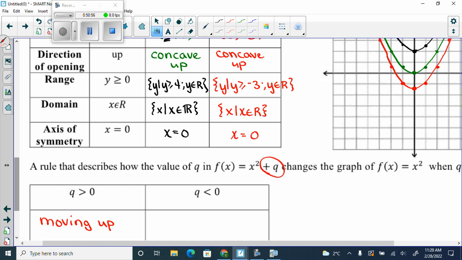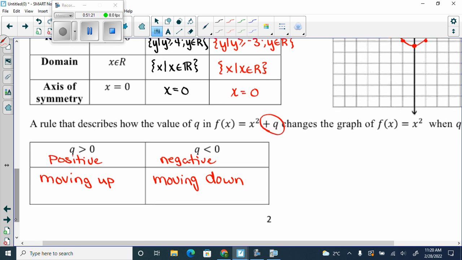And if q is less than 0, which means this is positive and this is how they write negative, it's moving down. But my graph is still concave up because the x squared is what tells us the concavity, right? We have one more to go over.